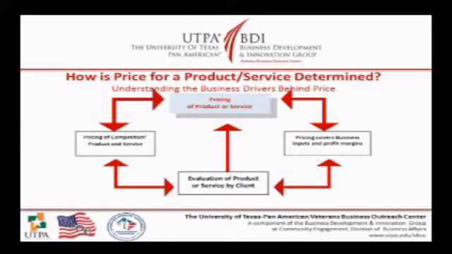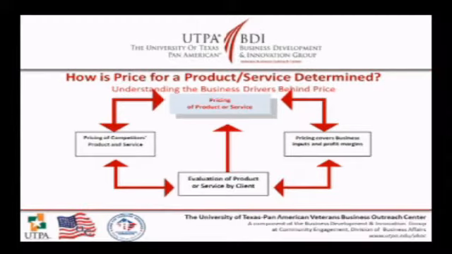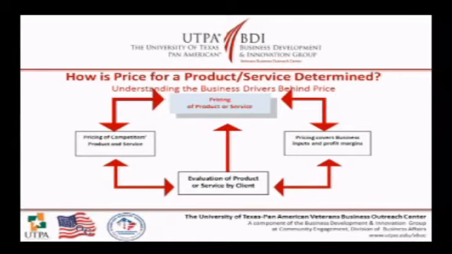Well, what is my competitor charging for the same product? Are they charging $1 for it? Are they charging 80 cents for it? If they're charging 80 cents for it, maybe I need to come down to match their price down to 80 cents, which means it's going to cost me 70 cents to produce it, but my profit margin is only going to be 10 cents. That's another way.